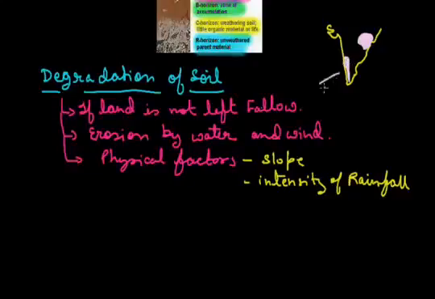The reason is that these areas get heavy rainfall from the Arabian Sea, and these areas get heavy rainfall from the Bay of Bengal branch, and the whole water drains into the Bay of Bengal and the Arabian Sea and carries all the minerals and fertile material with it. So this is how only the barren laterite soil is left behind. So the intensity of the rainfall is also an important part of it.